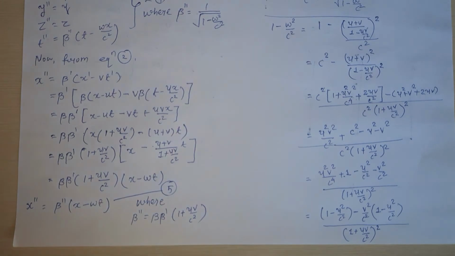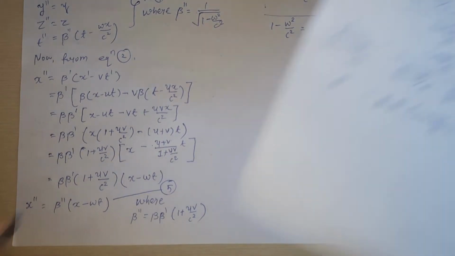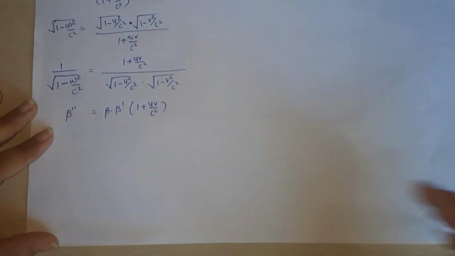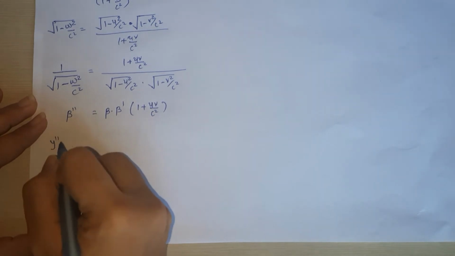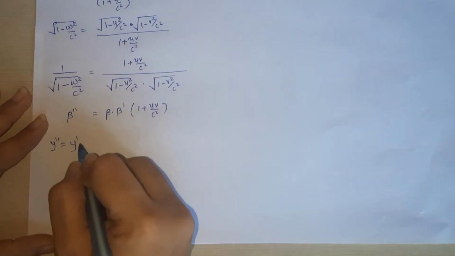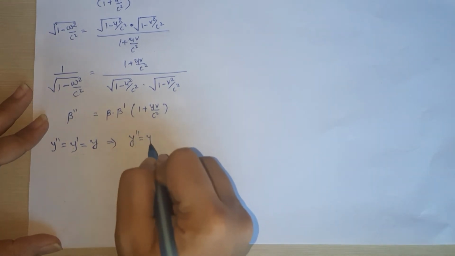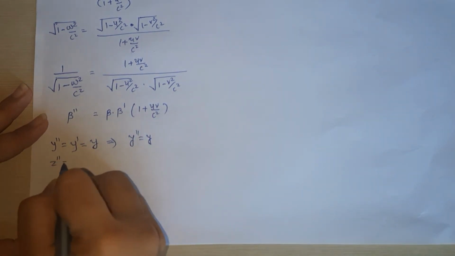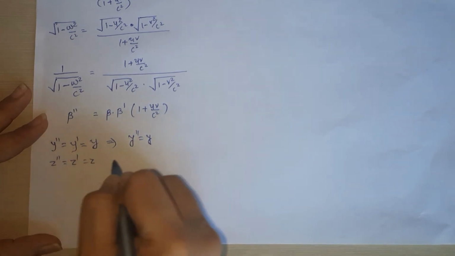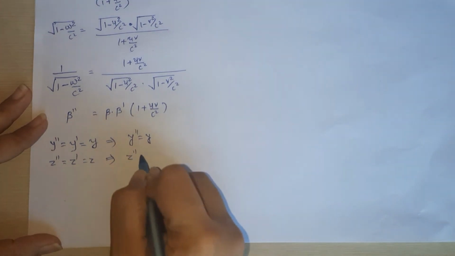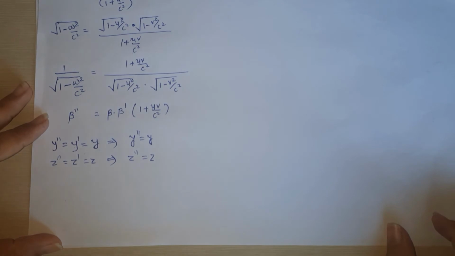We start with y double dash, which is equal to y dash, and this is equal to y. So y double dash is equal to y, and similarly z double dash is equal to z dash is equal to z. So z double dash is equal to z.